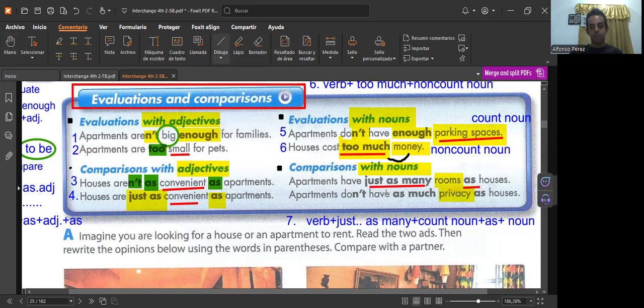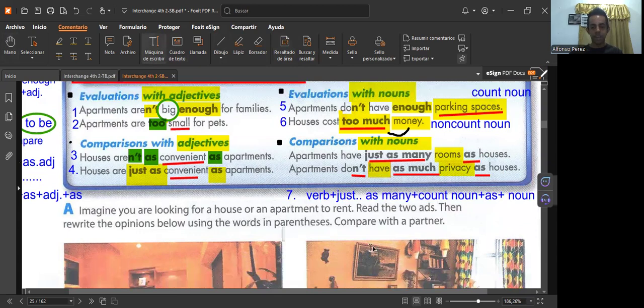We have the negation, not, and as much as. The verb have is the verb choice here.